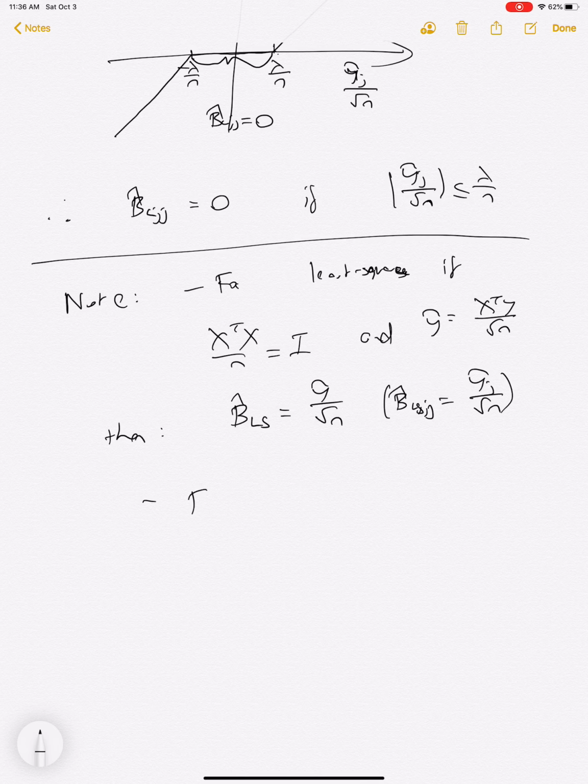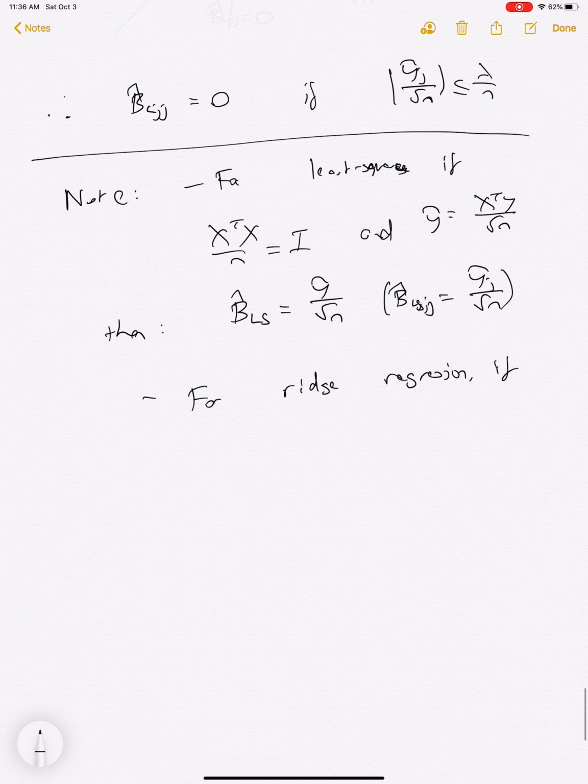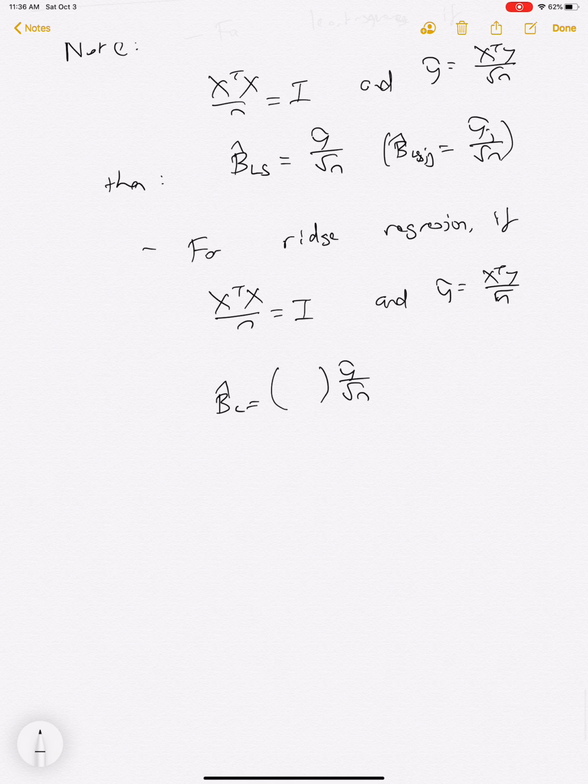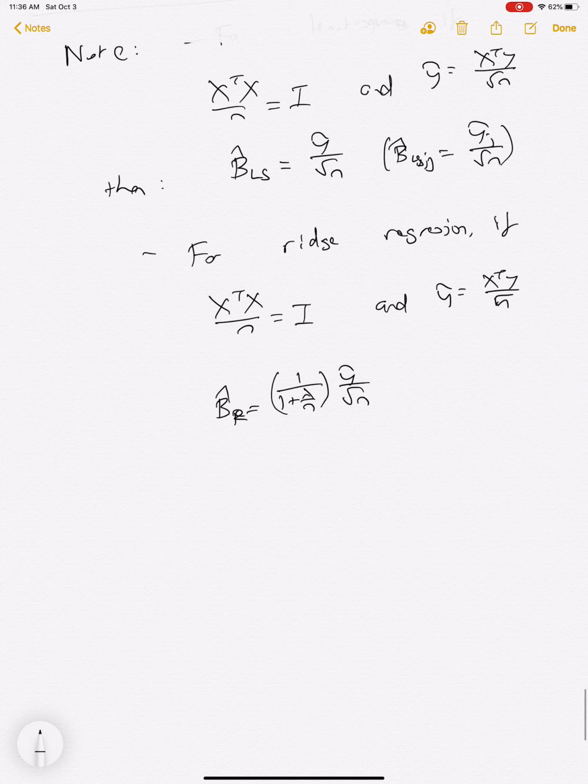And then for ridge regression, like we saw in a couple of lectures ago, we have beta hat R is equal to y tilde over square root of n, multiplied by this other shrinkage term, which is 1 over 1 plus lambda over n. Okay. So this is beta hat R.